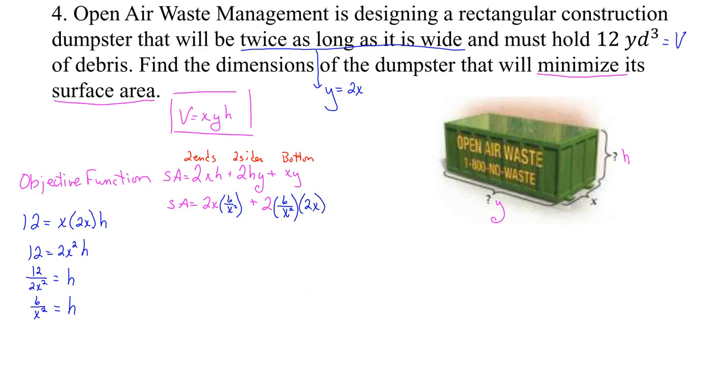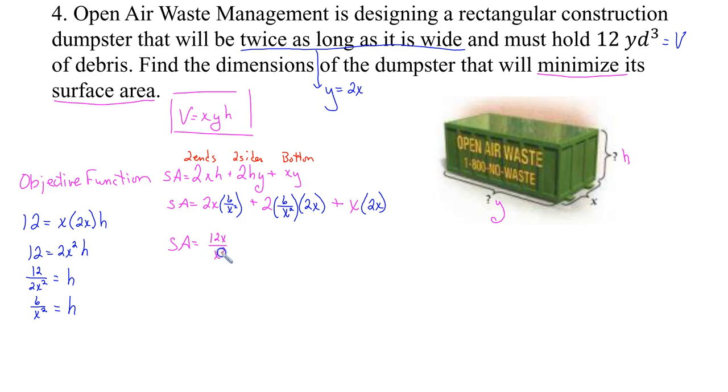Notice what I'm going to end up with is a function here for surface area that only involves the variable x. And so in place of y here where I have xy, I'm going to replace y with 2x. So now I am going to clean this up a little bit, and so now again my surface area only involves the variable x. When I clean this up, I have 12x over x squared.